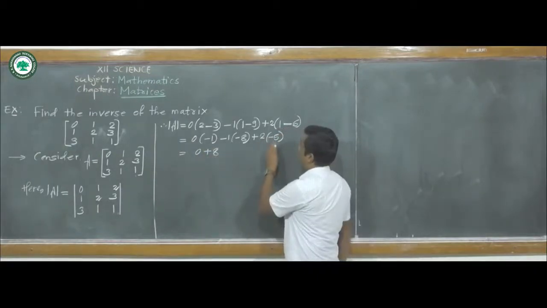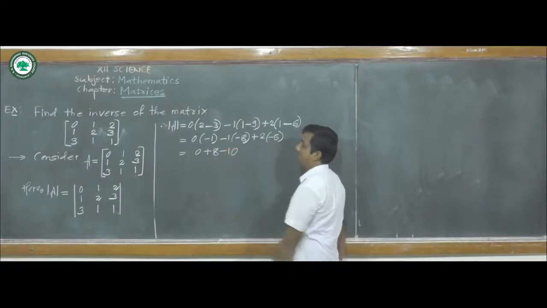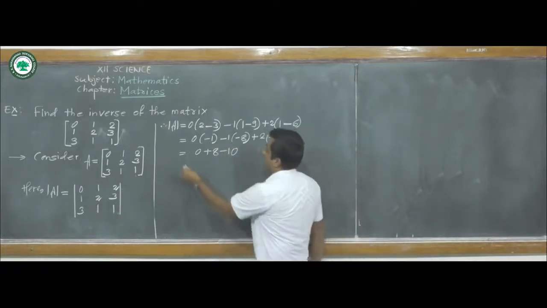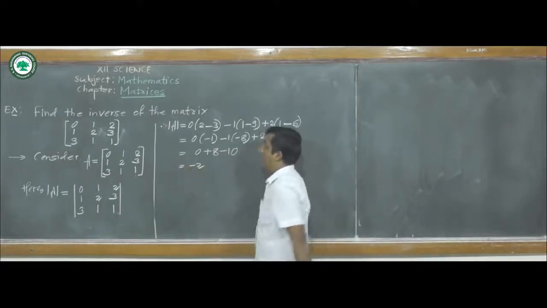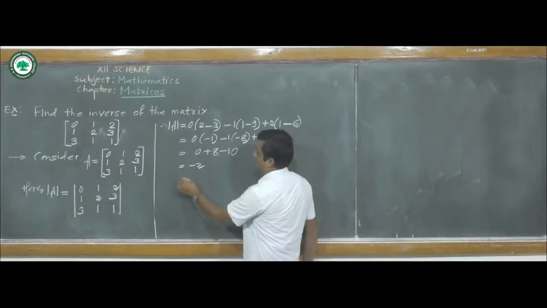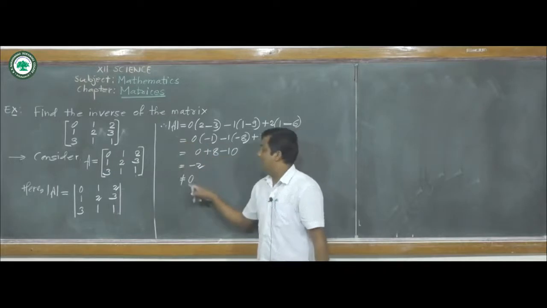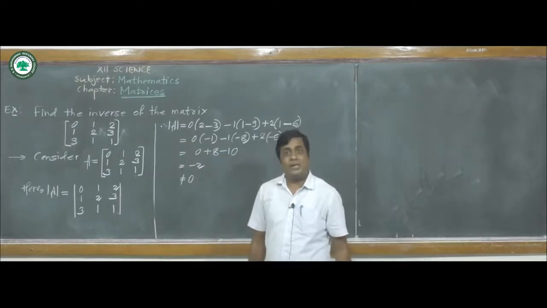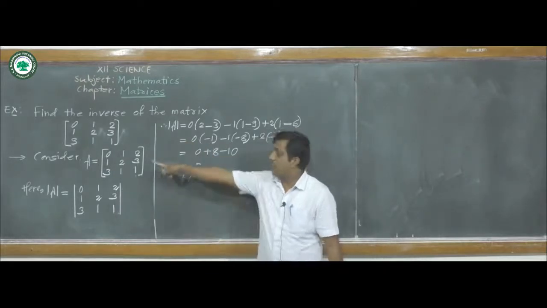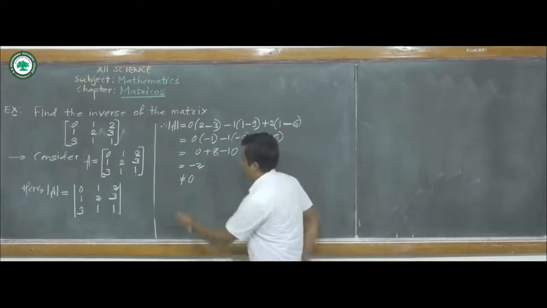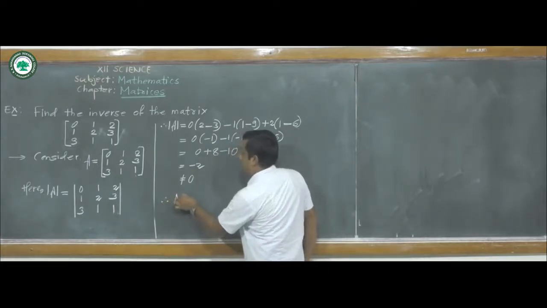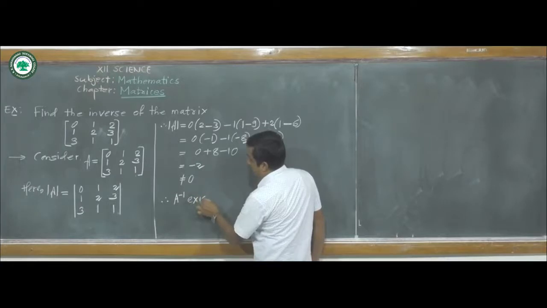Then 2 into minus 5 is minus 10. And lastly we get minus 2, and minus 2 is not equal to 0. If the determinant of A is not equal to 0, then we say the inverse of the given matrix A exists. Therefore A inverse exists.